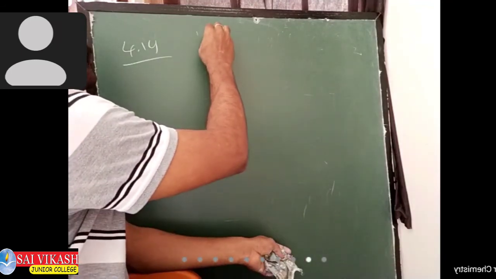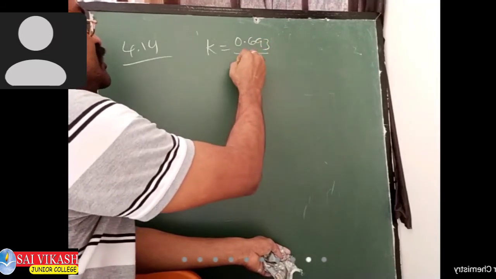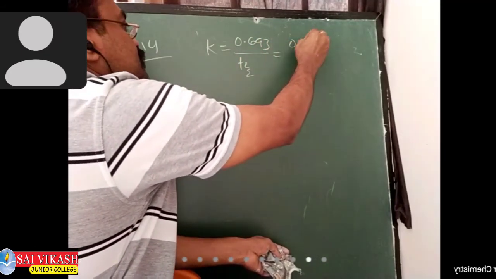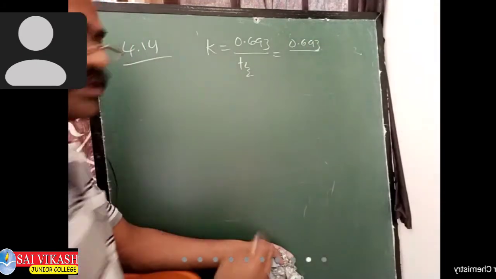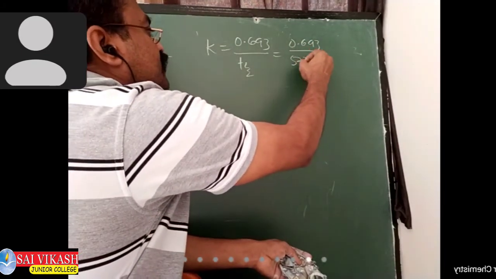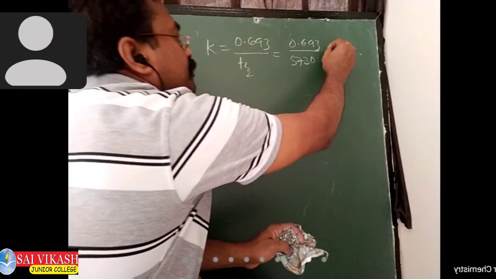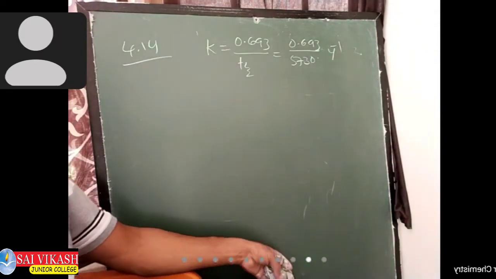Half-life is given, means K we can find out. K is 0.693 by T half. Therefore, 0.693 by T half is 5730 years. This is the K value. You will get the K value per year.